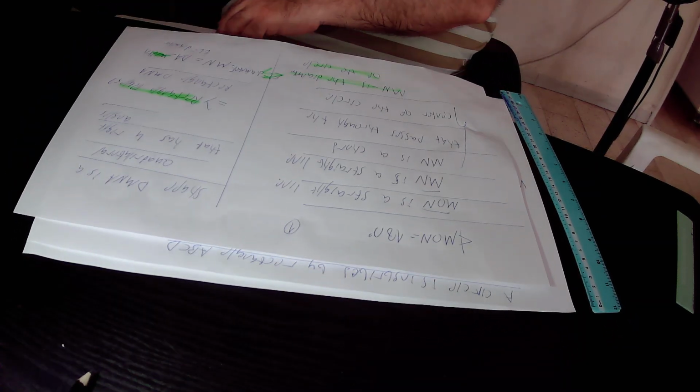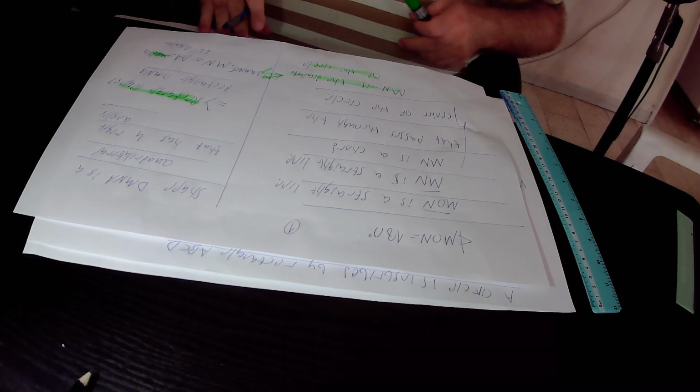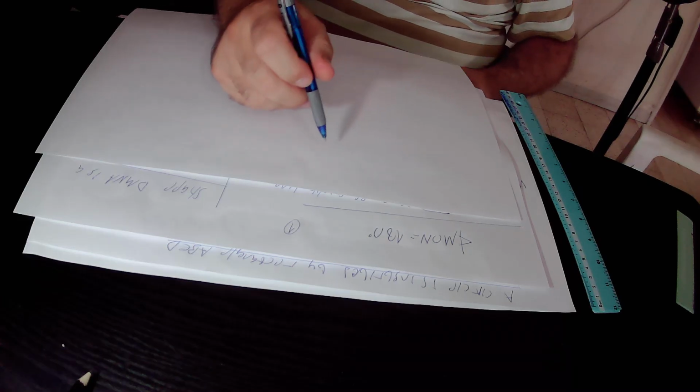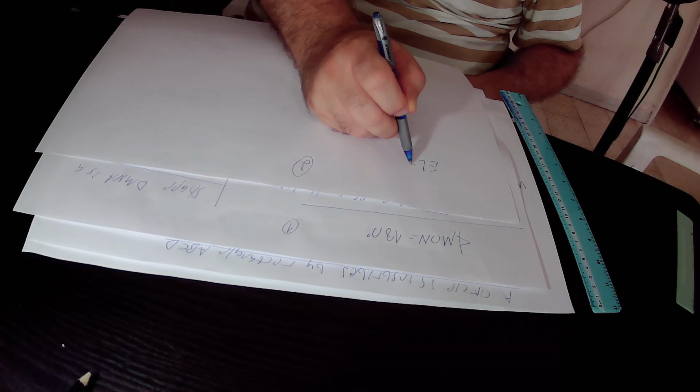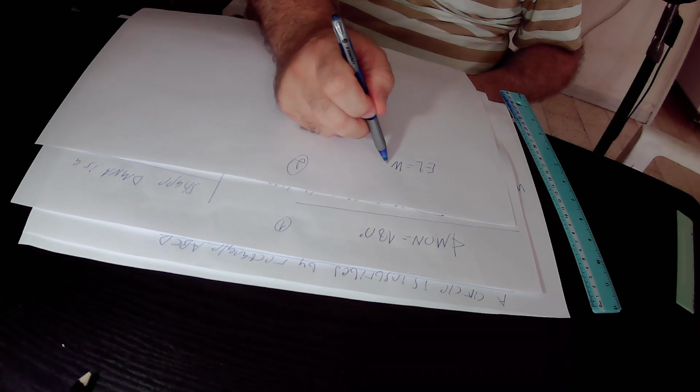So write it down here: EL is the width of rectangle ABCD.